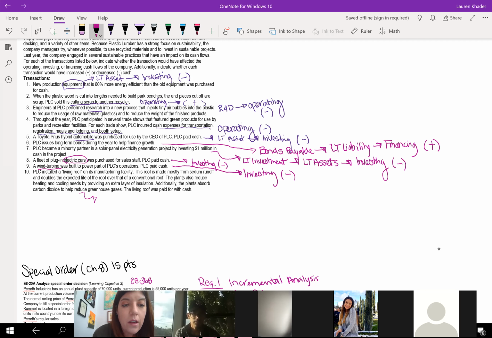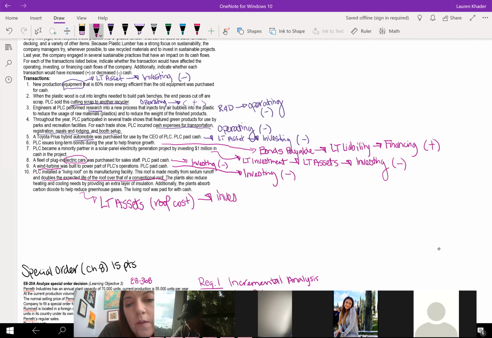So the key part here is that it doubles the expected life of the roof, meaning that it can be a capitalized cost, and it's going to be included as part of long-term assets. So it's going to be an investing activity, and it's an outflow.